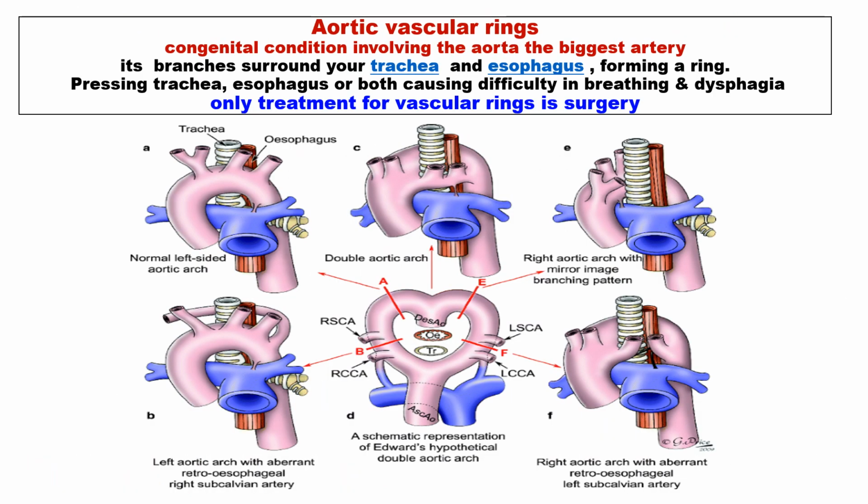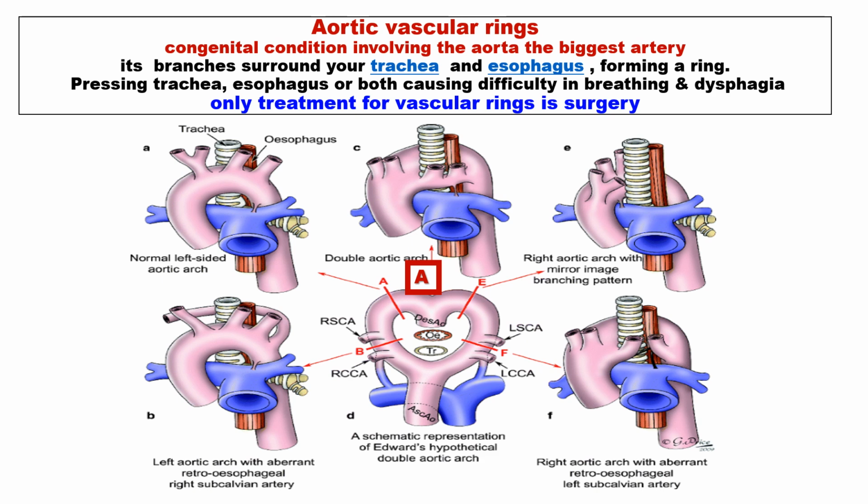Aortic vascular rings are a congenital condition involving the aorta and its branches, mainly surrounding the trachea and esophagus, forming a ring and compressing the trachea, esophagus or both, causing difficulty in breathing and dysphagia. The only treatment of a vascular ring is surgery. One of the commonest causes is a double aortic arch.